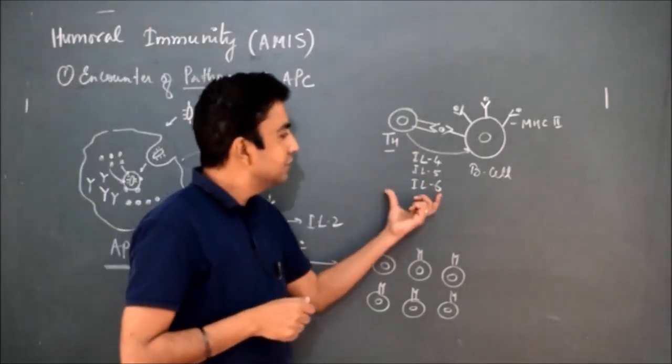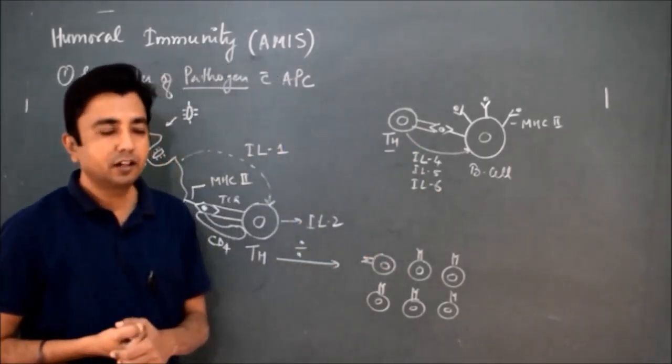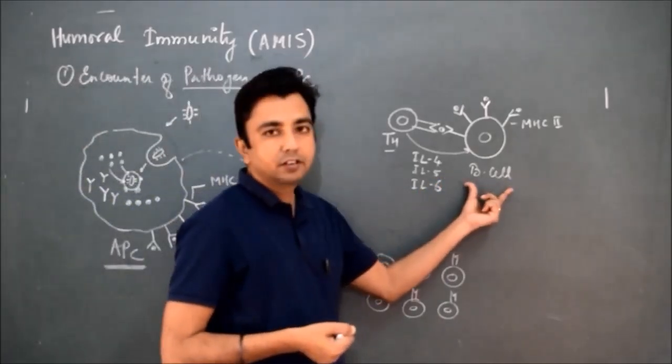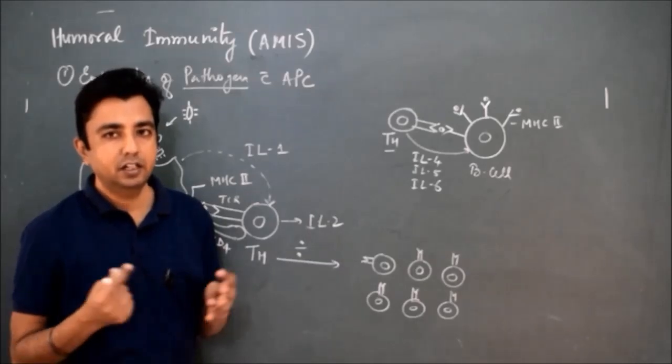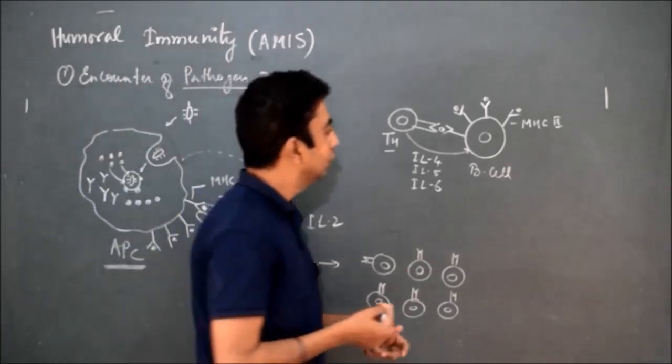Once this is secreted by the T helper cell, the B cell will proliferate. It will start division.